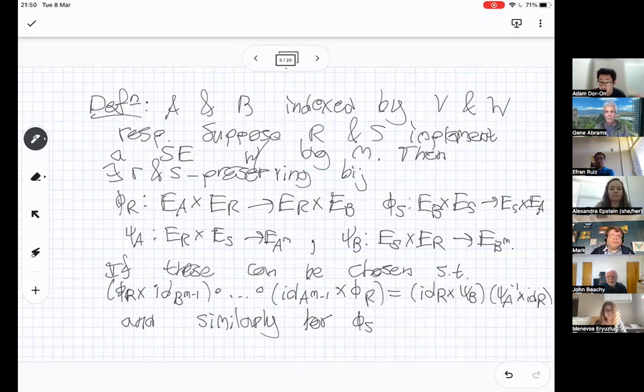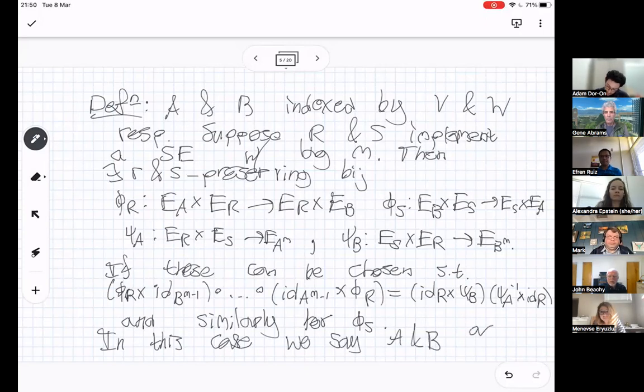These various bijections are just permuting multiplicities, and then you can ask for this compatibility condition to happen. And then in this case, we say A and B are compatible shift equivalent. So this is what I will denote by CSE from now on.